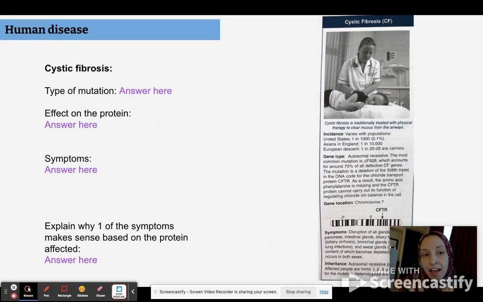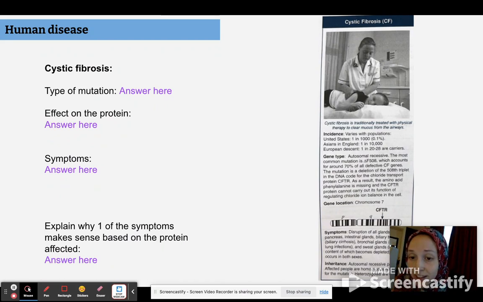It would be good to look at, for example, here we have cystic fibrosis. We have this mutation here, which is a deletion of the 508th triplet of the DNA code for the chloride transport protein.